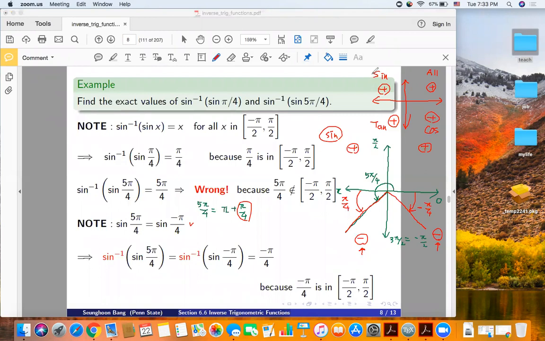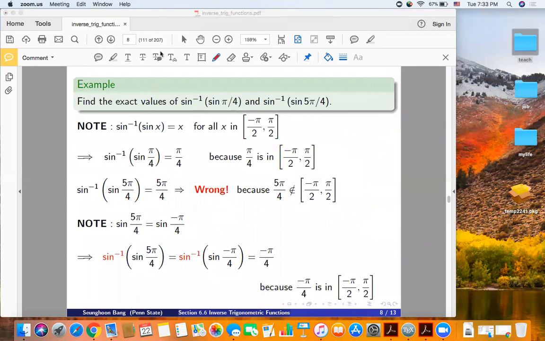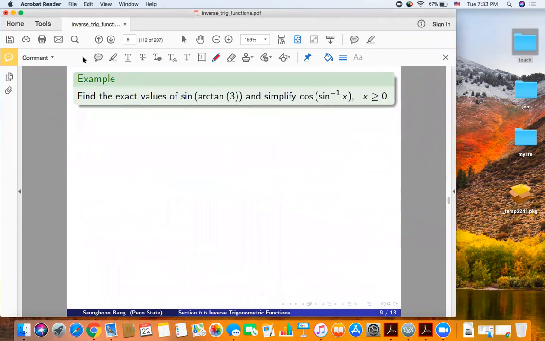The next one. So we think about another one here. Find the exact value of sine of arctangent of 3, and simplify cosine of inverse sine of x.